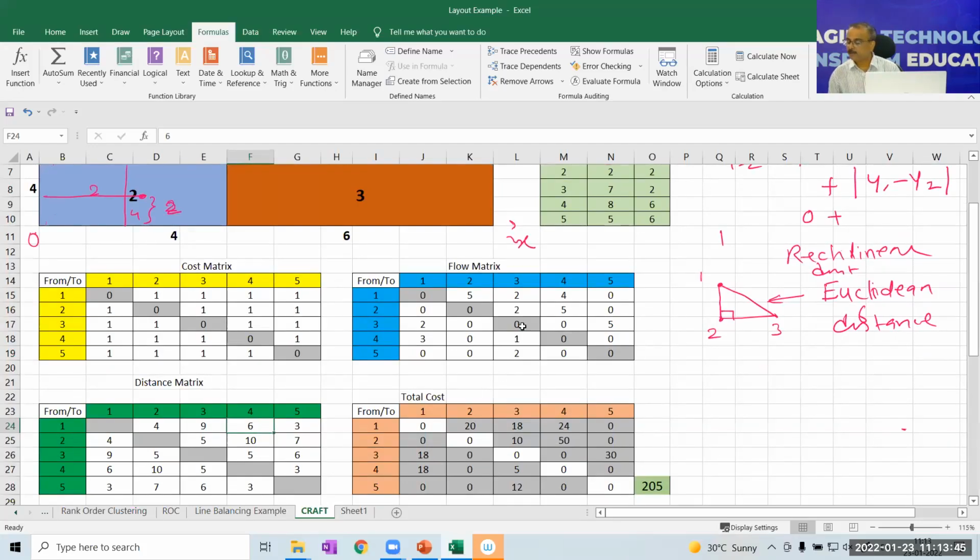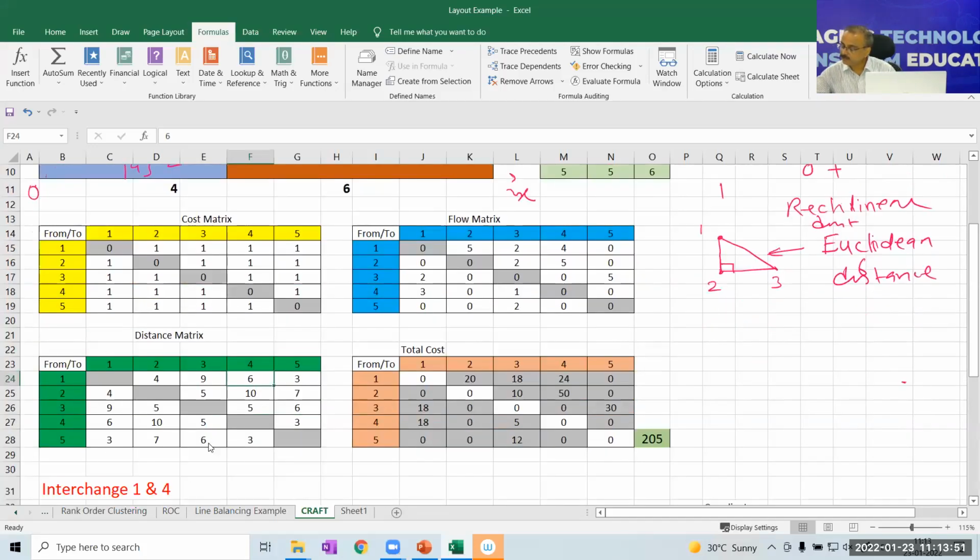So in this way, based on the coordinates, you have to find the distance, and then the total cost will be the product of cost multiplied by distance multiplied by the flow. For example, the total cost of 1, 2 will be 1 into 5 into 4, that is 20.